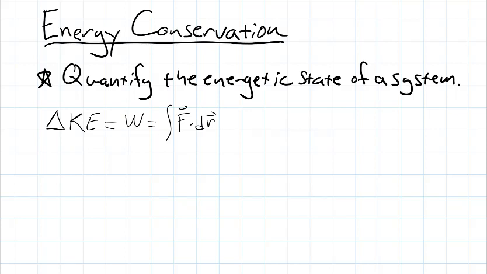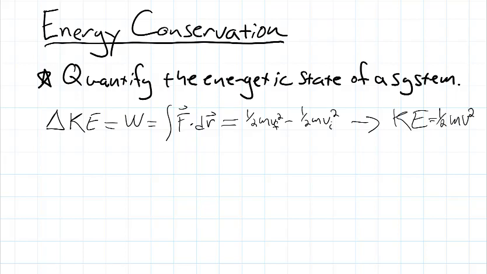If all we're doing with our work is changing the kinetic energy of the system, then we have 1/2 m v final squared minus 1/2 m v initial squared. And if an object starts from rest, the kinetic energy is just 1/2 mv squared, since its initial velocity is 0.